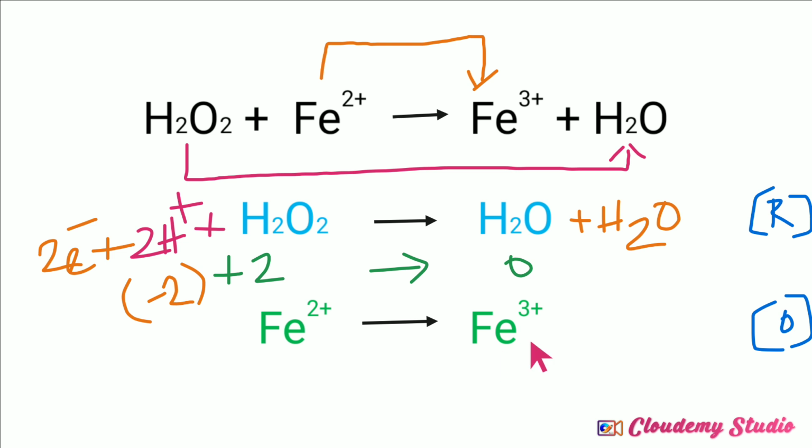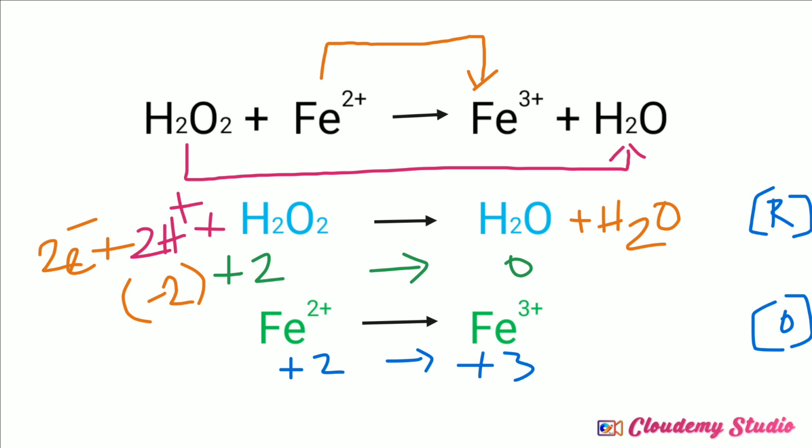Loss of electrons takes place. Here the atoms on both sides are equal: one iron atom here and also one atom of iron there. But when we check the charges, on the left hand side the charge is plus 2, but on the right hand side the charge is plus 3.